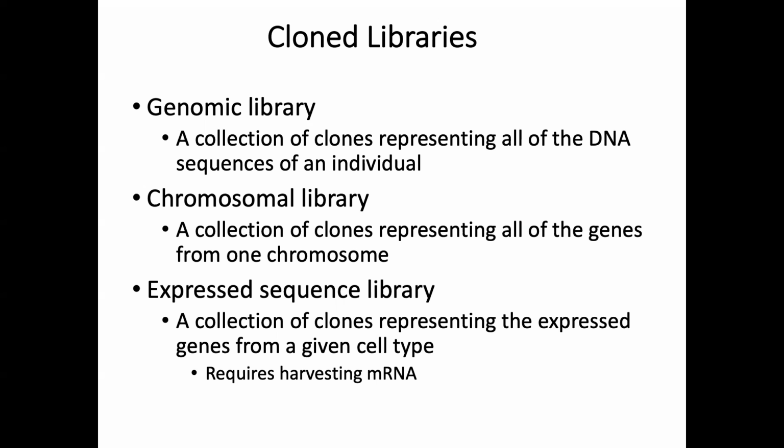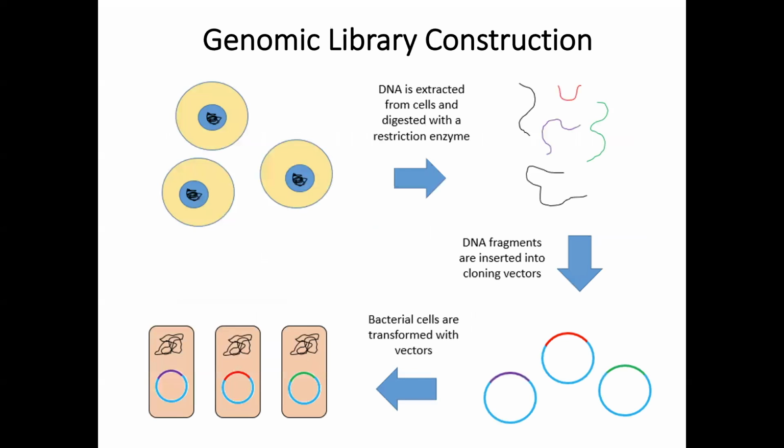Now let's see how a genomic library is constructed. This slide shows the steps of how a genomic library is constructed. Okay, you need the cells to get it started. The source of the cells can be in vitro cultured cell lines or primary cells isolated from patient samples or animal models.